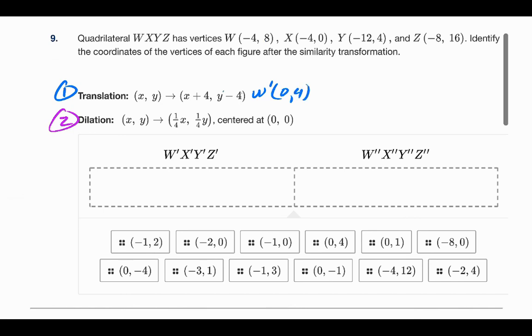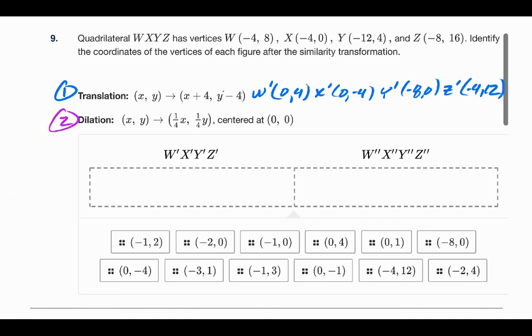For X prime, same thing. -4 plus 4 will give us 0, and 0 minus 4 will give us -4. For Y prime, we'll get -8 and 0. And for Z prime, if you work it out, you'll get -4 and 12.